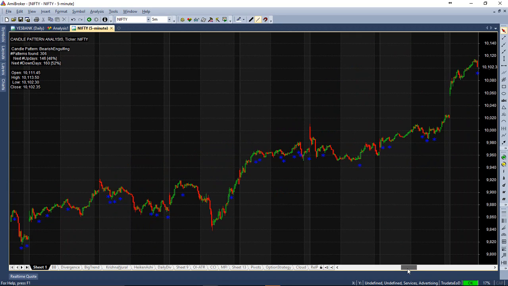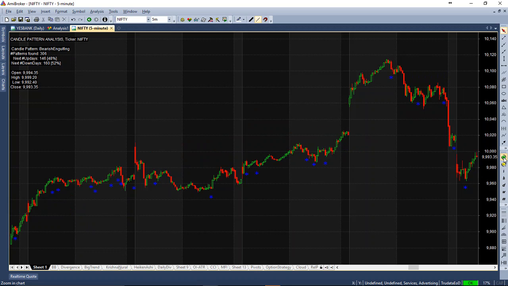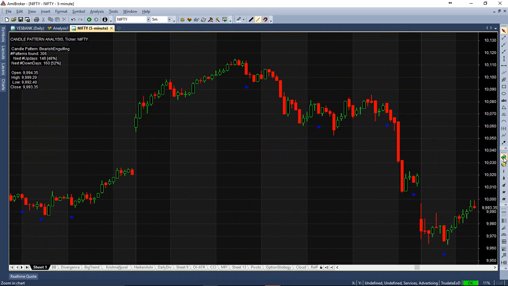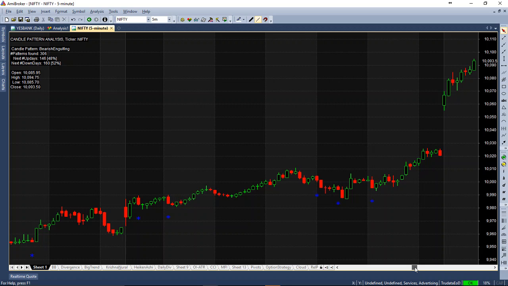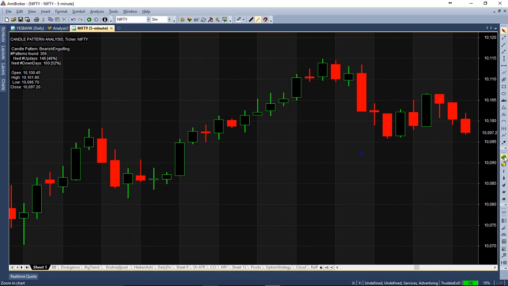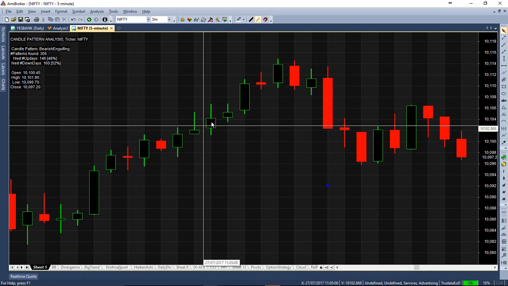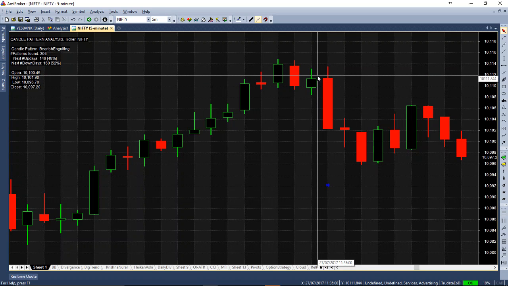Okay, this looks to be very much close. Here, this is an up move, and then continuation of the up move.